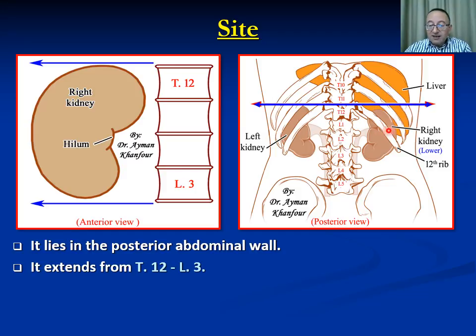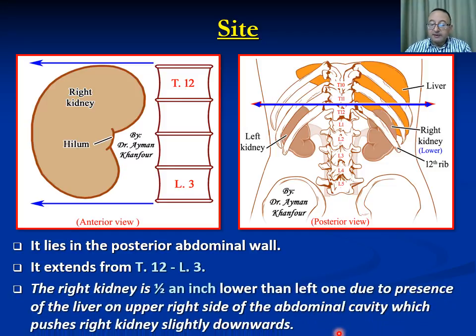What makes the right kidney slightly lower than the left one? Yes, the largest abdominal organ present on the right side, which is the liver, it pushes the right kidney slightly downwards, about half an inch compared to the left side.